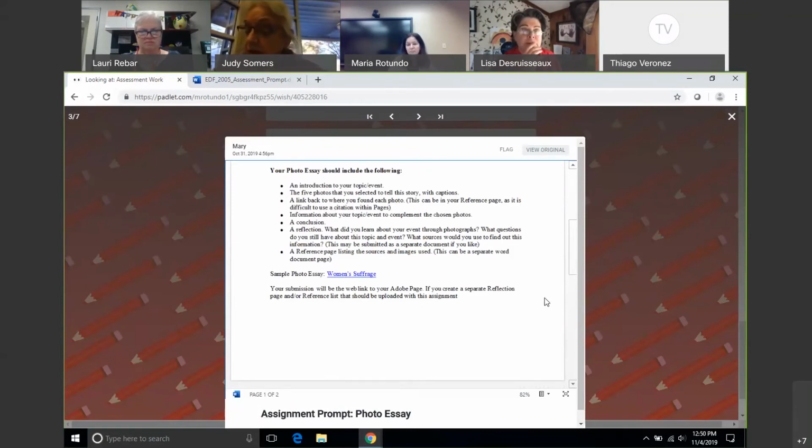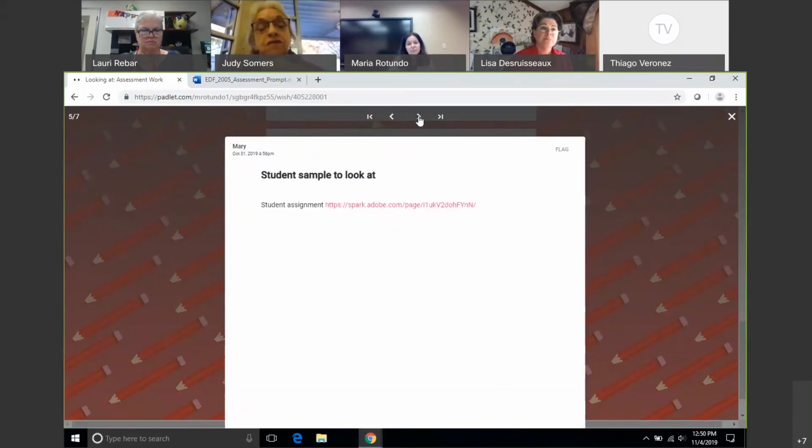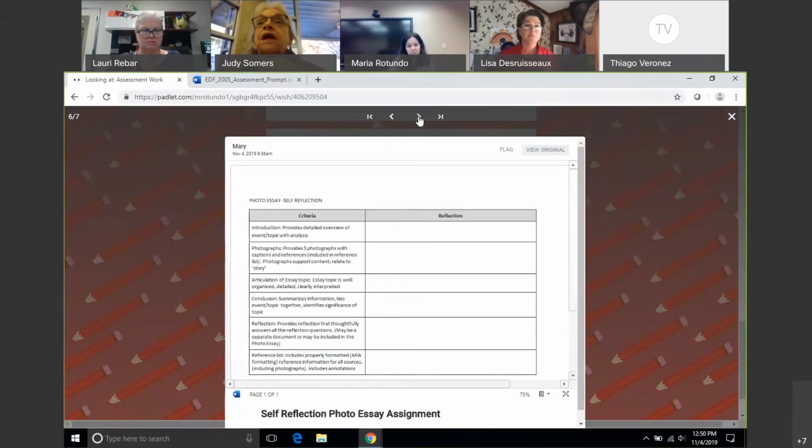The ideas about sharing the instructions, I truly appreciate that information. In listening to the comments, I'm wondering if it was effective to use the same rubric essentially for scoring it as I did for the self-reflection. So I'm not sure if that's something that needed to be changed, but I really wanted them to have the opportunity to reflect, and they actually did 2 reflections.